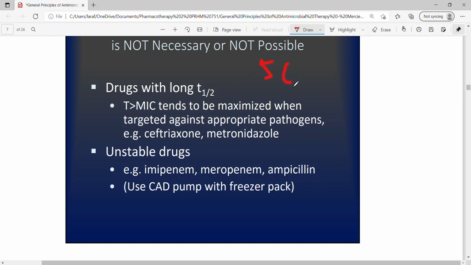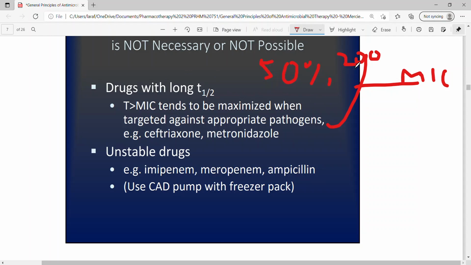So let's say this is the MIC, and then you reach a concentration of, say, 200 milligrams per deciliter, a little over the MIC, which is the goal. How long does it take to drop by 50%? That's basically what the half-life is.